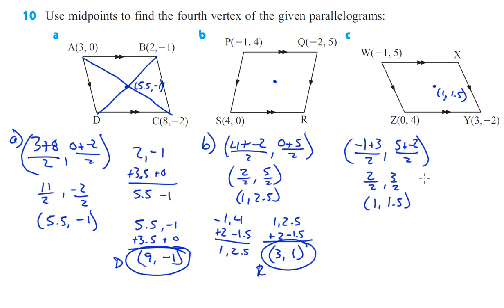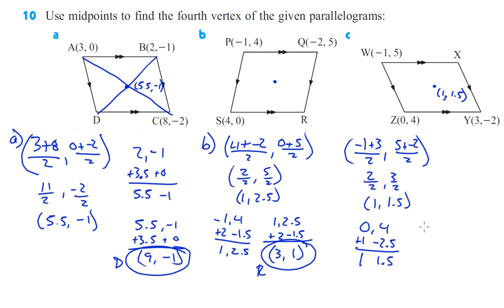Okay, so we're starting at 0, 4, and we want to end up at 1 and 1.5. So 0 plus 1 gives us 1. 4 minus 2.5 gives us 1.5.